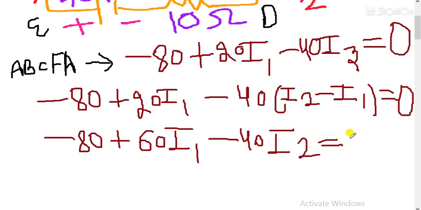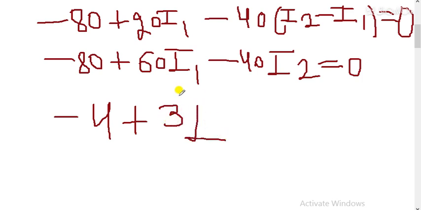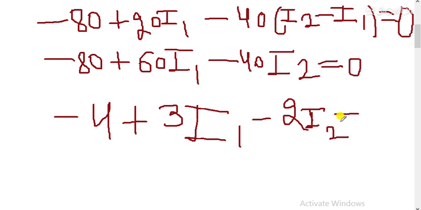If I take 20 common from here, then this equation will become minus 4 plus 3 I1 minus 2 I2. 20 times 3 is 60, so 3 I1. I have taken 20 common, students. So I hope up to this point no doubt will be there.